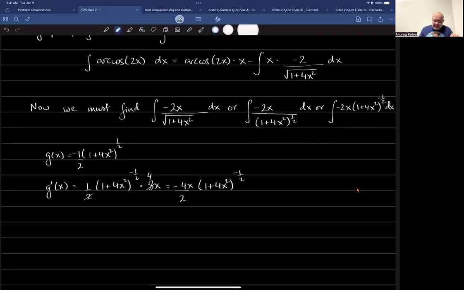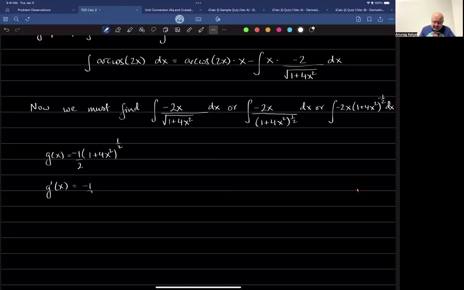So if we differentiate this modified guess, I'm going to get negative 1/2 times, bring down the power, keep the inside the same, subtract 1 from the power, times the derivative of the inside. The derivative of the inside is 8x.